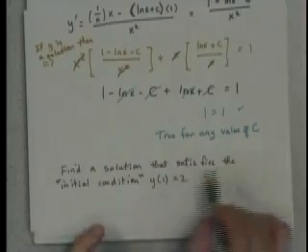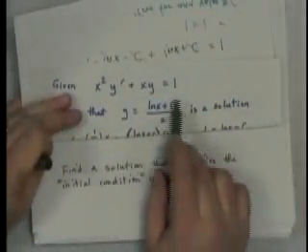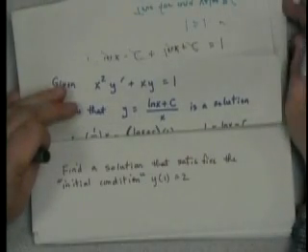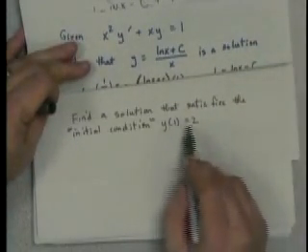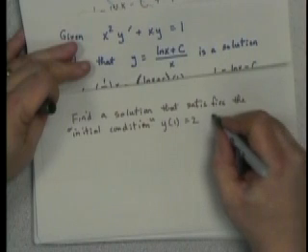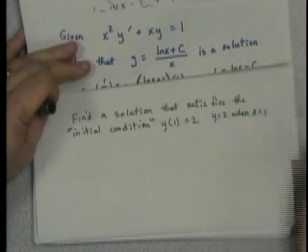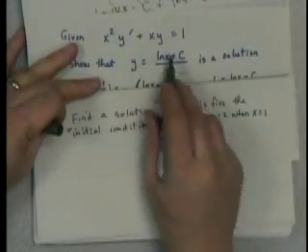So all I'm going to do now is go back up to my y and figure out what c is that makes this true. So y equals 2. Another way to read this is y equals 2 when x equals 1. So I'm going to put a 2 in for y and a 1 in for x.